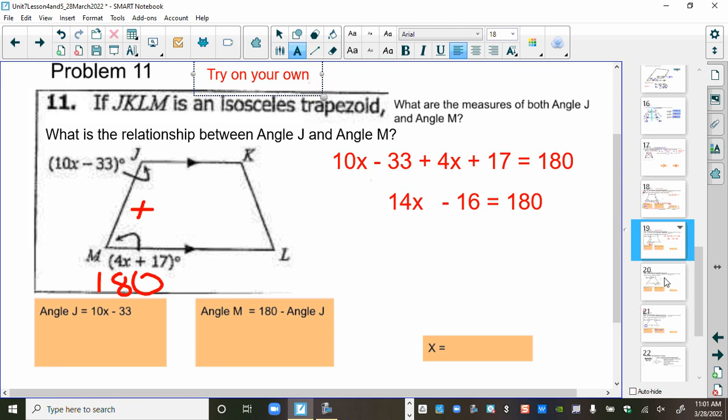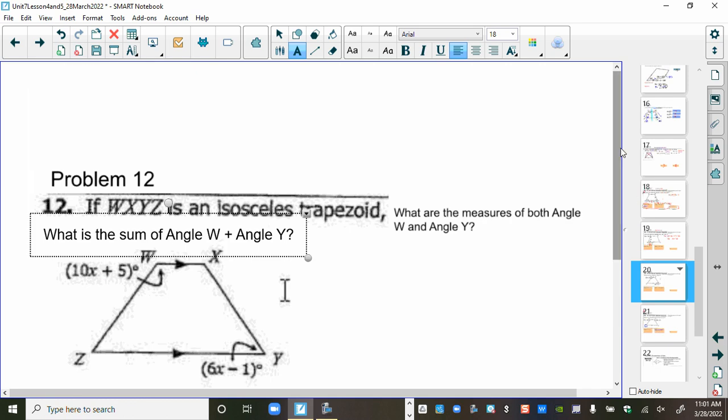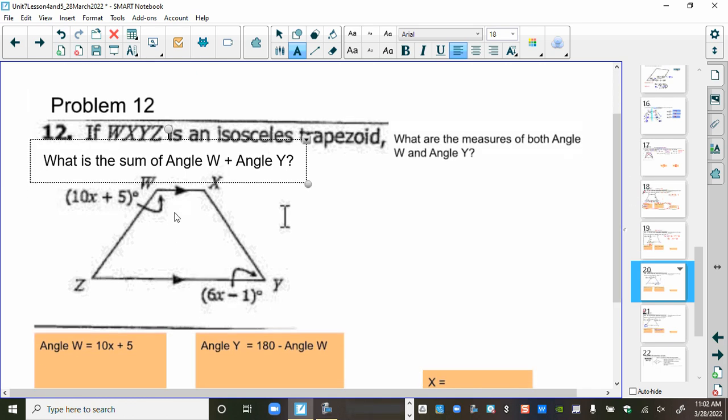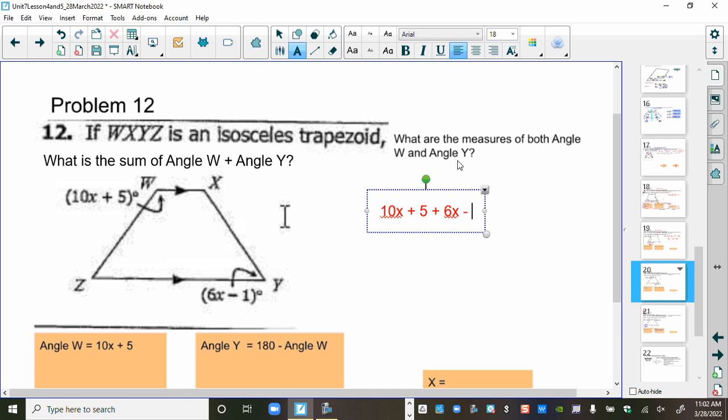So these two. Okay, what must the sum of these two angles add up to be, since they're diagonal from each other? They're going to add up to 180. So for problem 12, 10x plus 5 plus 6x minus 1 add up to 180.